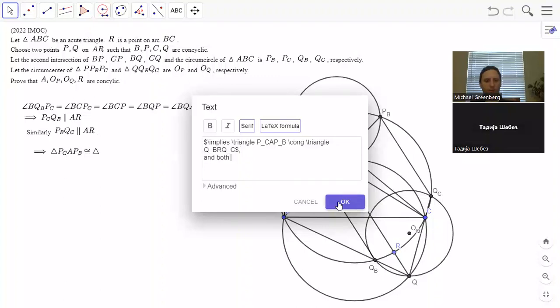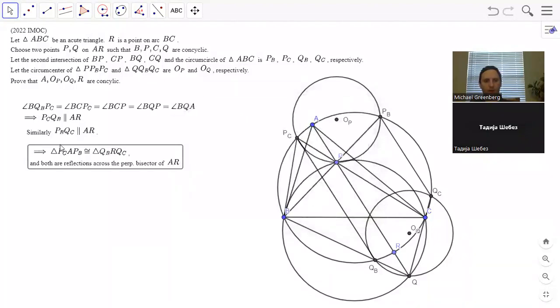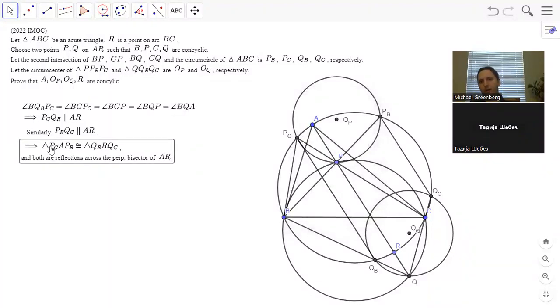And both are reflections across the perpendicular bisector of AR. And that implies OP and OQ are reflections across the perpendicular bisector of AR.